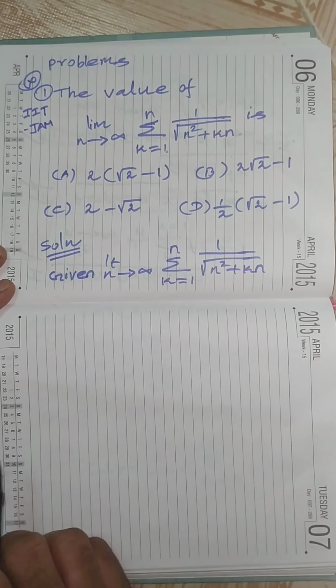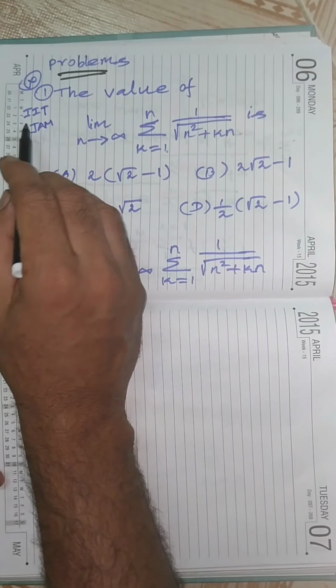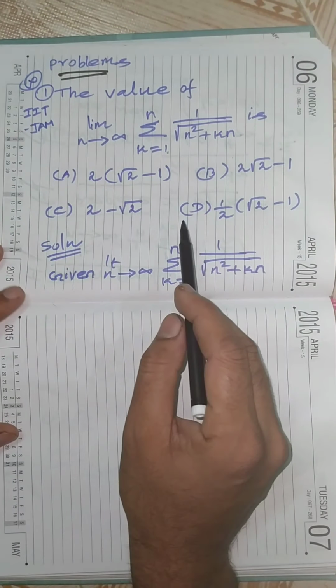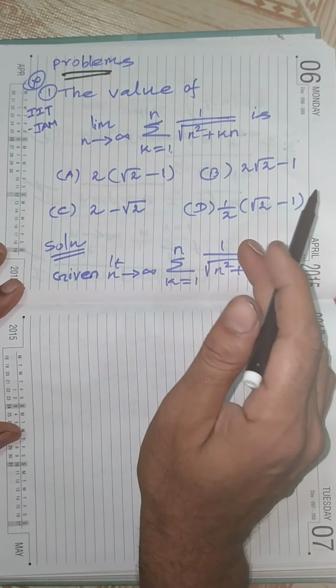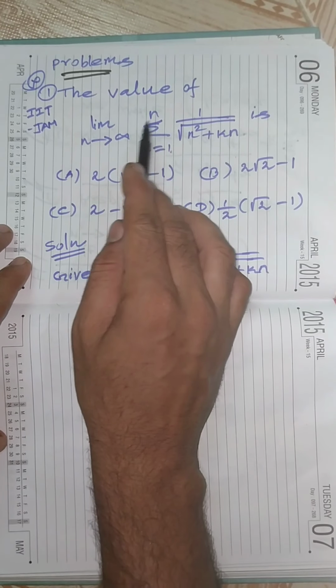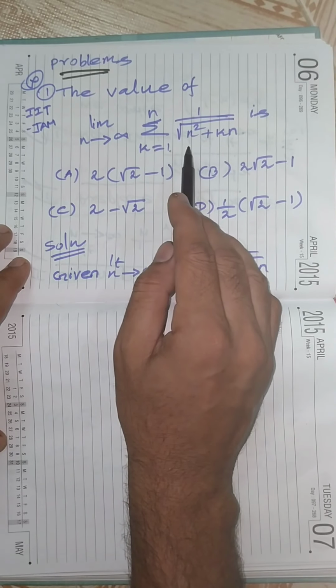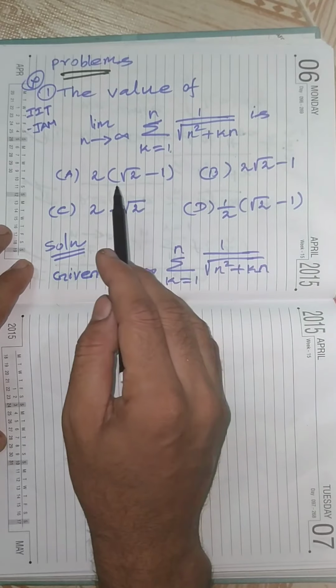Now the first problem. This question was asked in IIT JAM. The model question is very important, please watch it. The value of the limit as n tends to infinity of the summation k varies from 1 to n of 1 divided by root of n square plus k into n is.